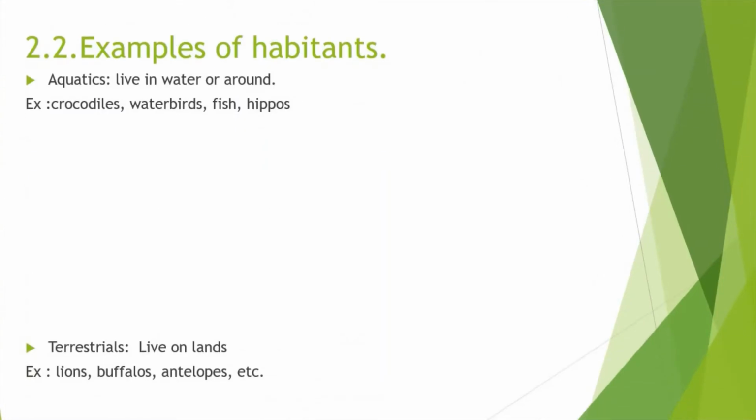Point number 2: we are going to look at the habitat. Normally, there are some organisms which are taken as aquatic. This means they likely live in the water all around.